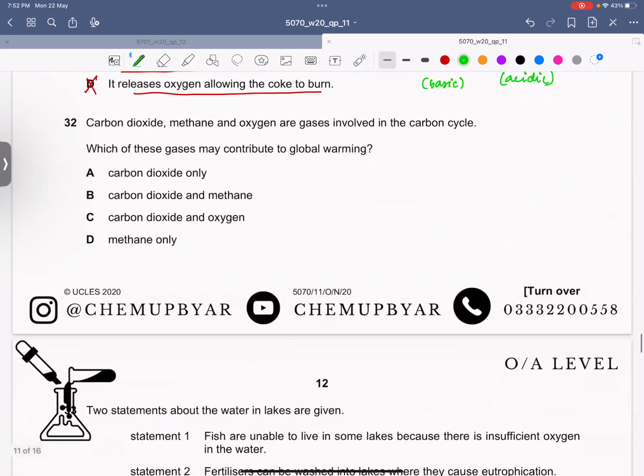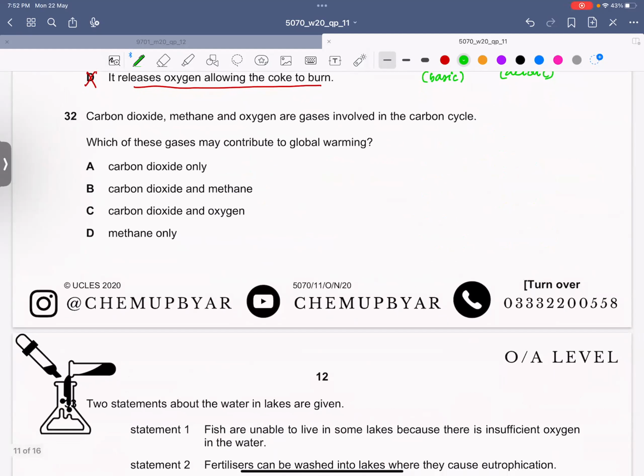Now, question number 32. Carbon dioxide, methane, and oxygen. CO2, CH4, and O2 gases involved in carbon cycle. Which of these gases may contribute to global warming? It is, I think, Rasan. Methane and carbon dioxide, very good.